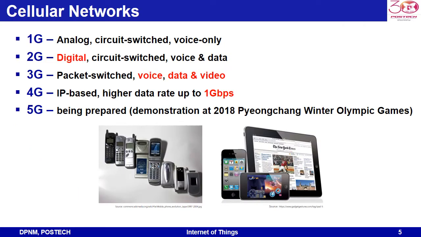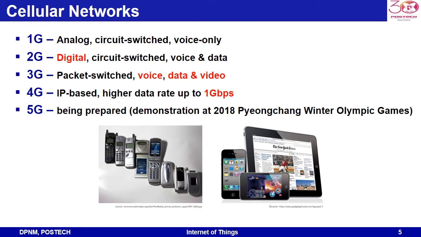Now, I'll briefly introduce cellular networks. As you may already know, the cellular networks have gone through several generations: first generation, 1G, second, 2G, third, 3G, and fourth generation, 4G.